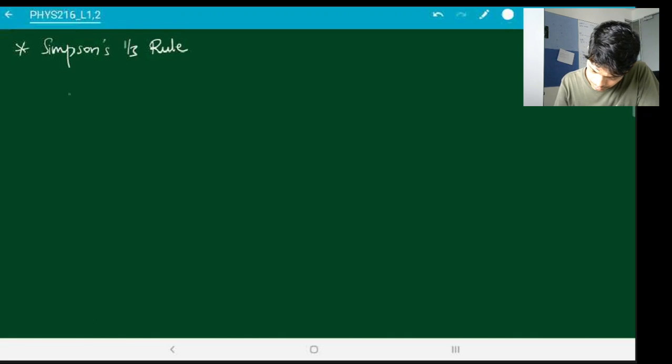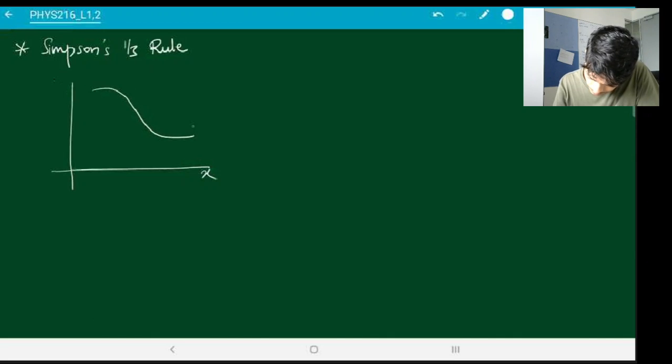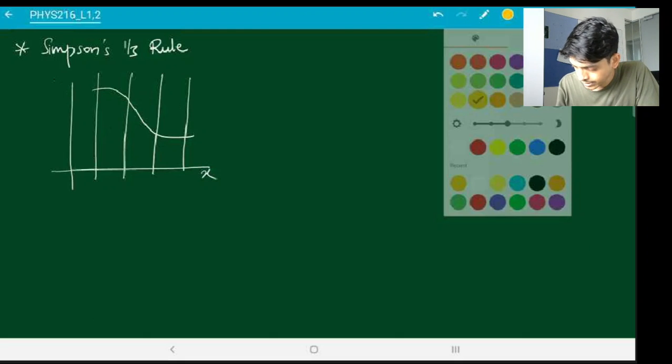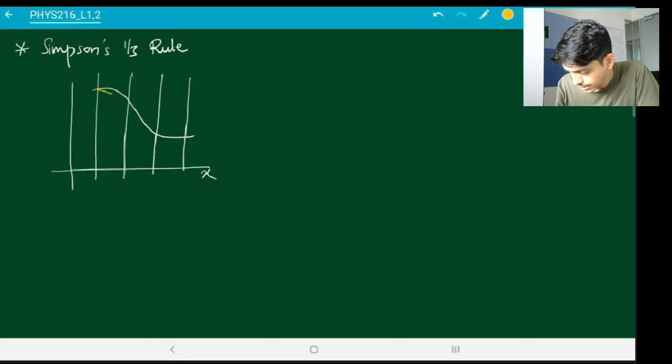Now in the trapezoid rule, so once again let's take some x and some f of x. In the trapezoid rule, what we did was we divided up this integration range into slices, and then within each slice we approximated this to a straight line.